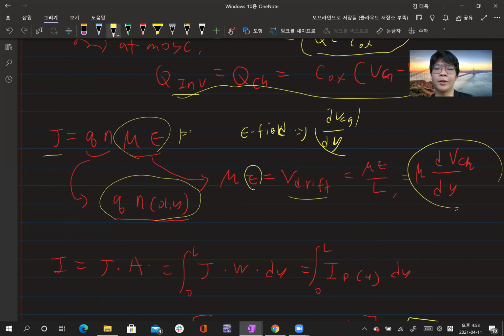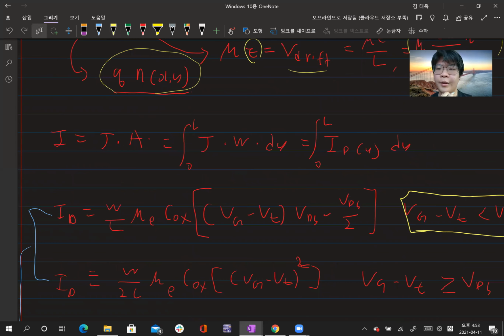To get the current flowing from drain to source, we get the charge density multiplied by the area. So we can solve these equations.